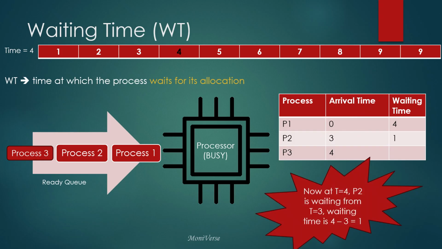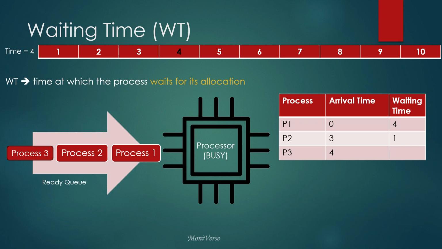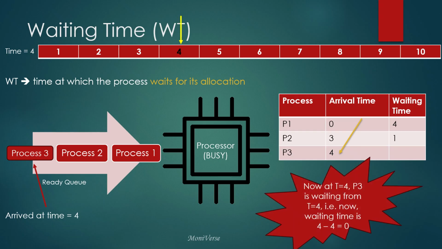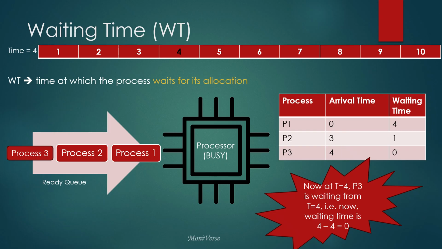Next, we consider process 3. The arrival time of process 3 is 4, and we are calculating the waiting time at the same time 4. So 4 minus 4 is 0. The waiting time of process 3 is 0.